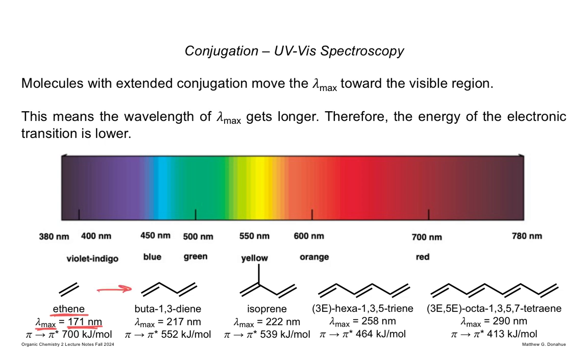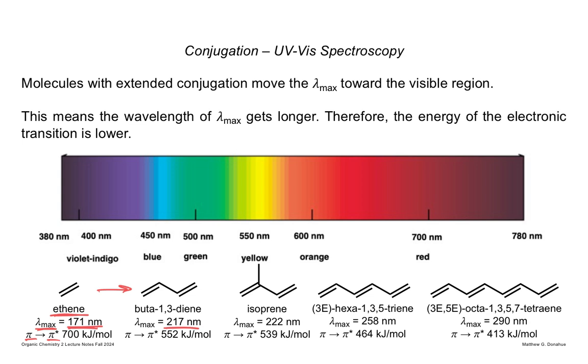Now when we go add on a double bond, we get to our Diels-Alder precursor, that butadiene. Notice the lambda max change as it now increases. So we have to get up into the 380 before we start seeing it. This other term down here, the pi to pi star, and then you have this value, 700 kilojoules per mole for ethene.